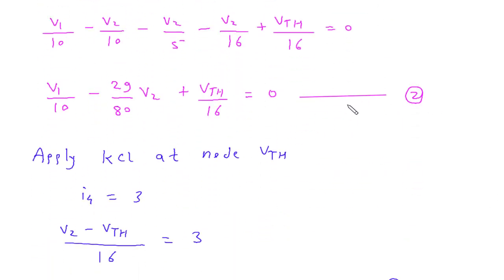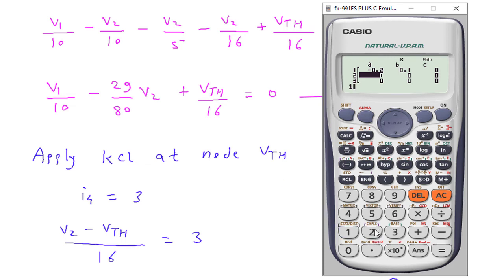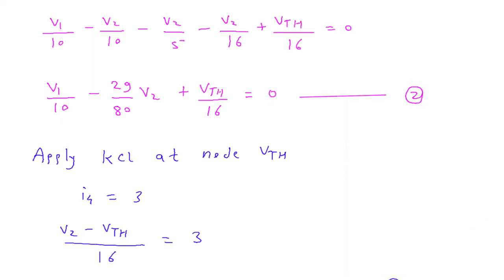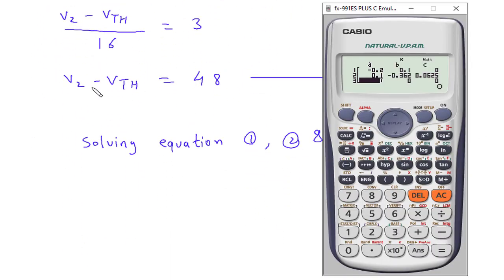From equation number 2, this will be 1 by 10, minus 29 by 80, then 1 by 16, equal to 0. Then from equation 3, V1 is absent, so 0, then 1, then minus 1, then 48.